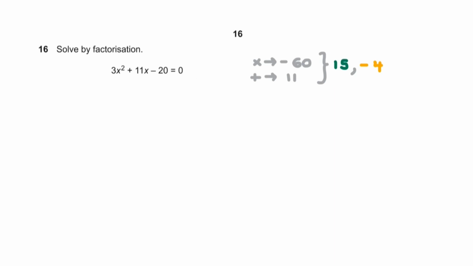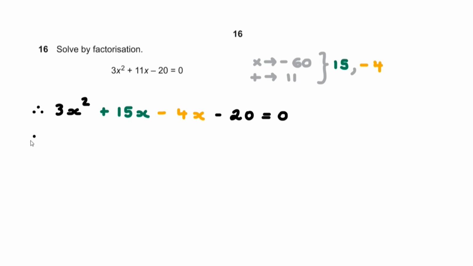So we can rewrite this quadratic as 3x squared plus 15x subtract 4x subtract 20, and this is all equal to 0.